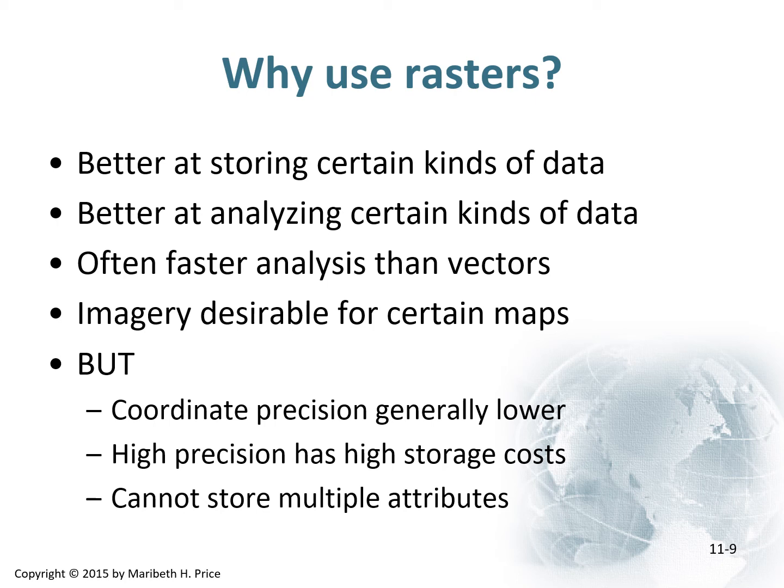The coordinate precision is generally lower. If you have a higher precision, it leads to an exponentially higher storage cost. In other words, as you go from a 30 meter down to a 3 meter DEM, that is a humongous increase in the amount of data that you have to store. I mean, think about it.